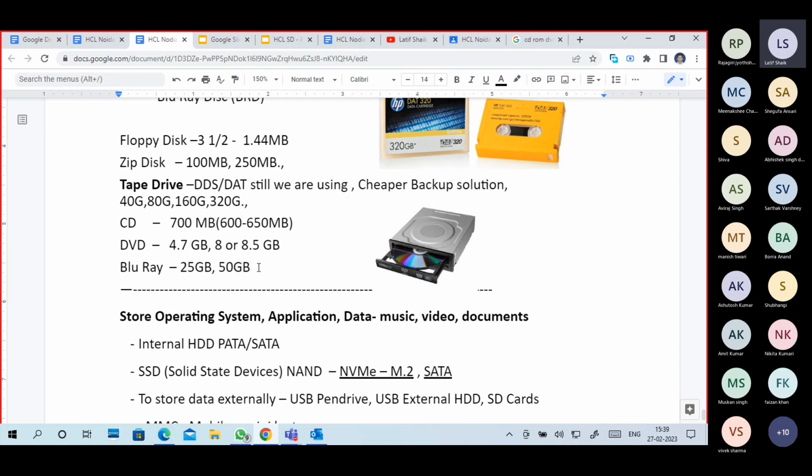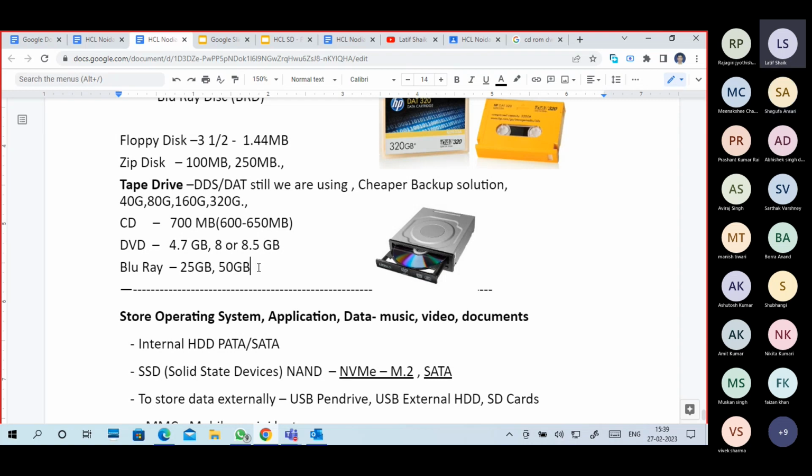DVD is 4.7 GB for single layer. Double layer DVD is generally 8 GB, and certain places say 8.5. Blu-ray is 25 GB, and double layer Blu-ray is 50 GB.